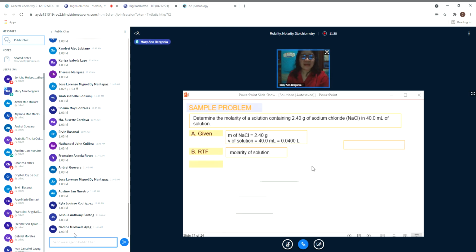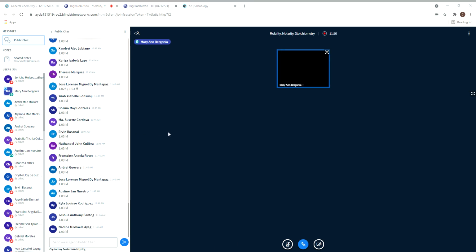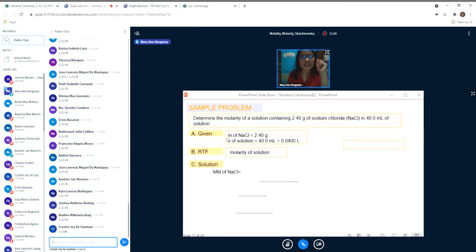So we have the mass of our sodium chloride and the volume of our solution. Next, ang hinahanap natin is the molarity of our solution. So for our solution, you have to get first the molar mass of sodium chloride. In this case, class, wala tayong kinonvert na ml to kilograms kasi molarity tayo. Ang kinonvert lang natin ml to liters.